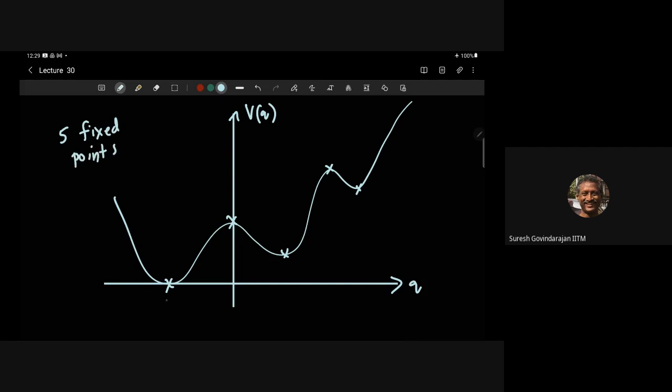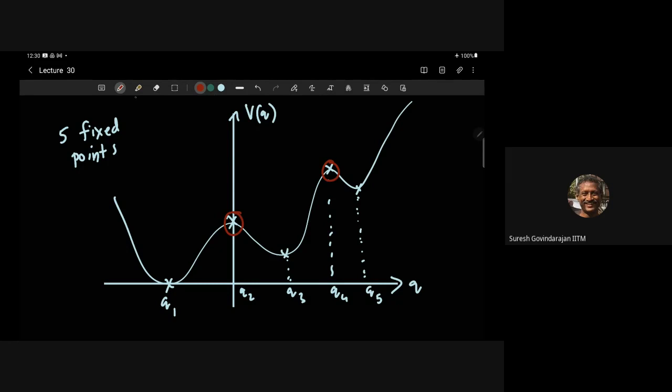Let's call them Q1, Q2, Q3, Q4, and Q5. Now question to you is, which ones are unstable? Q2, Q4. Q2 correct, also Q4 because it's negative.